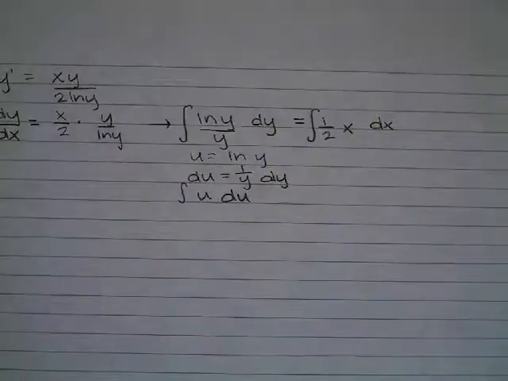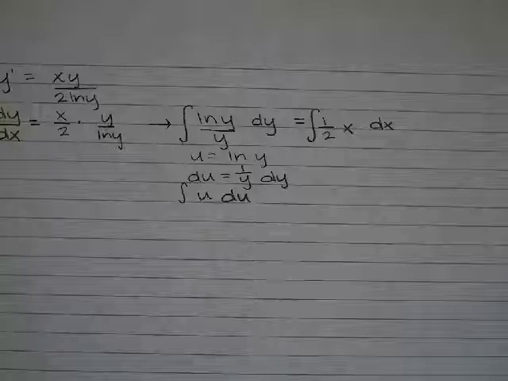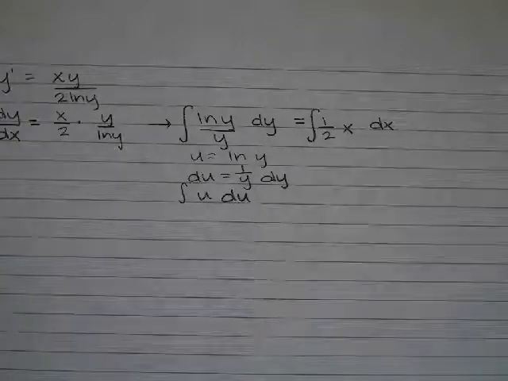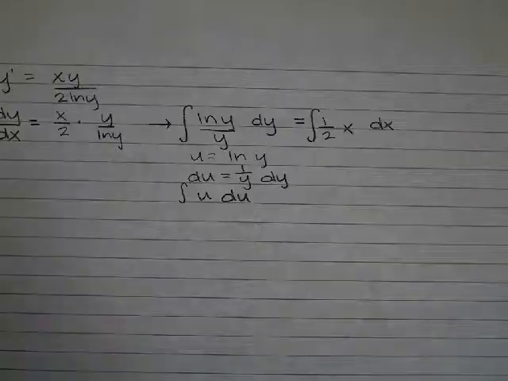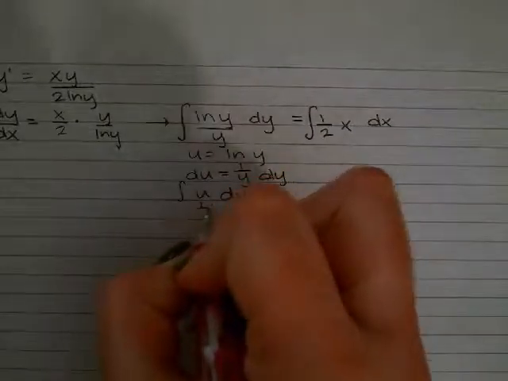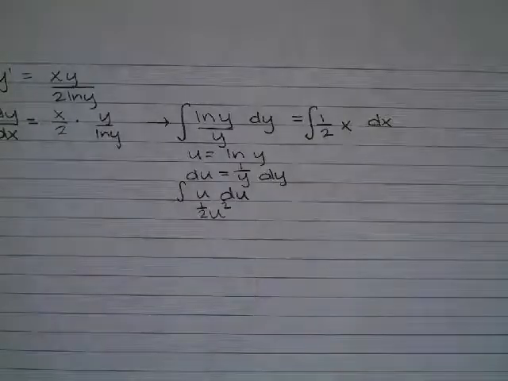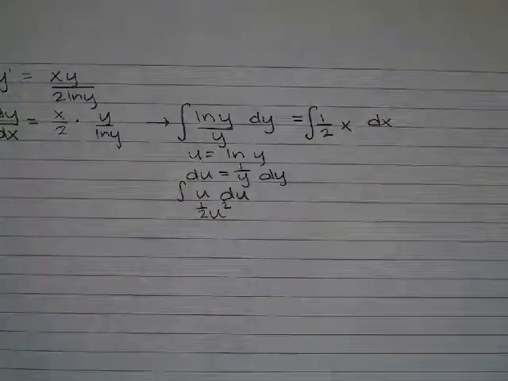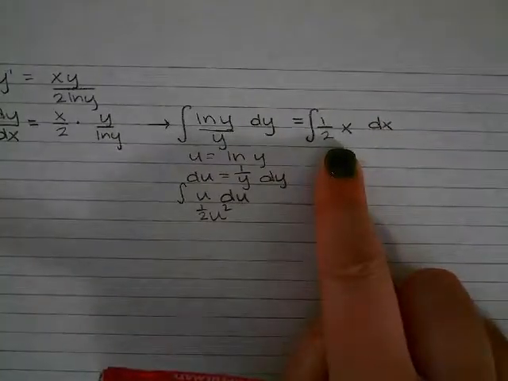And when I integrate u du, what do I get? 1/2 u squared. Okay, so I've integrated the left side. When I integrate the right side, is that a u substitution problem?